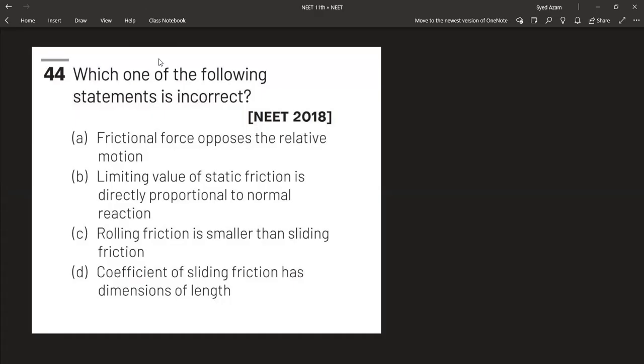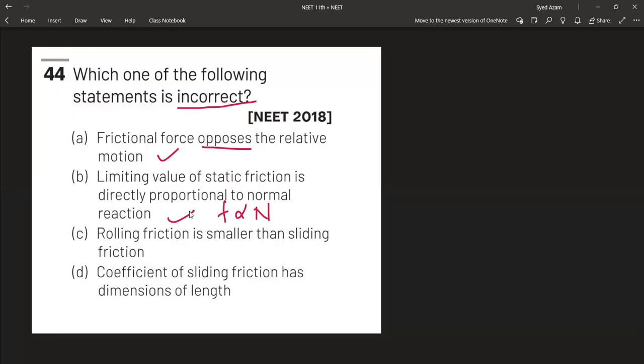Okay, class, I'm discussing this. So this says that which one of the following statements is incorrect? So frictional force opposes the relative motion. This is right. It does the work of opposition only, provided a rough surface is there. Limiting value of static friction is directly proportional to normal reaction.